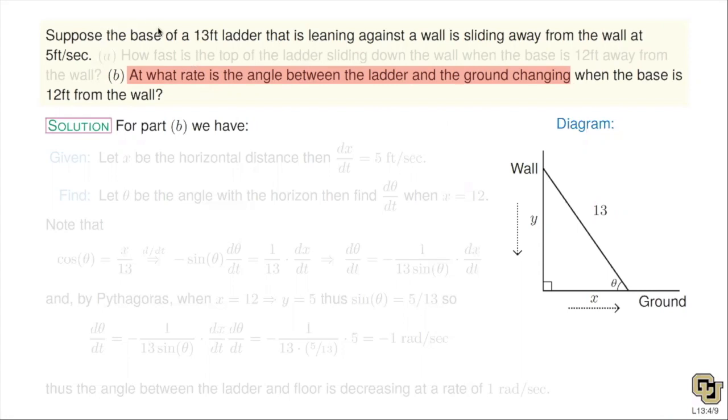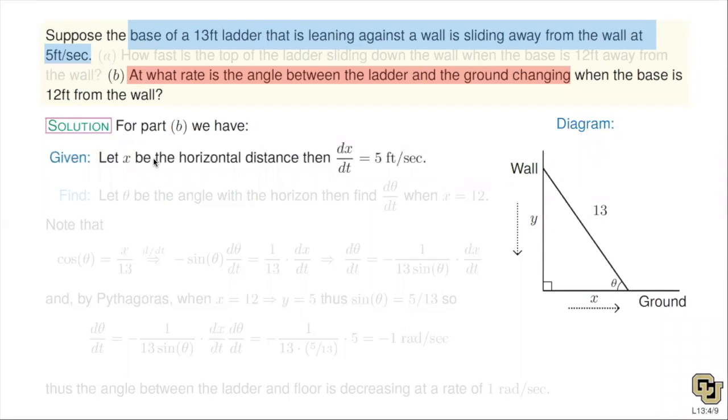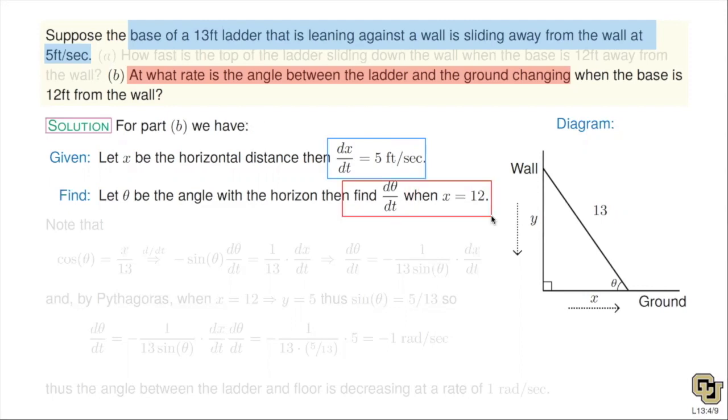So here, when they told us the base of the ladder that's leaning against the wall slides away from the wall at 5 feet per second, from our diagram as before, that's telling us dx dt equals 5 feet per second. So this is exactly that sentence translated. And when they say at what rate is the angle between the ladder and the ground changing when the base is 12 feet, that's exactly this: find d theta dt when x equals 12.